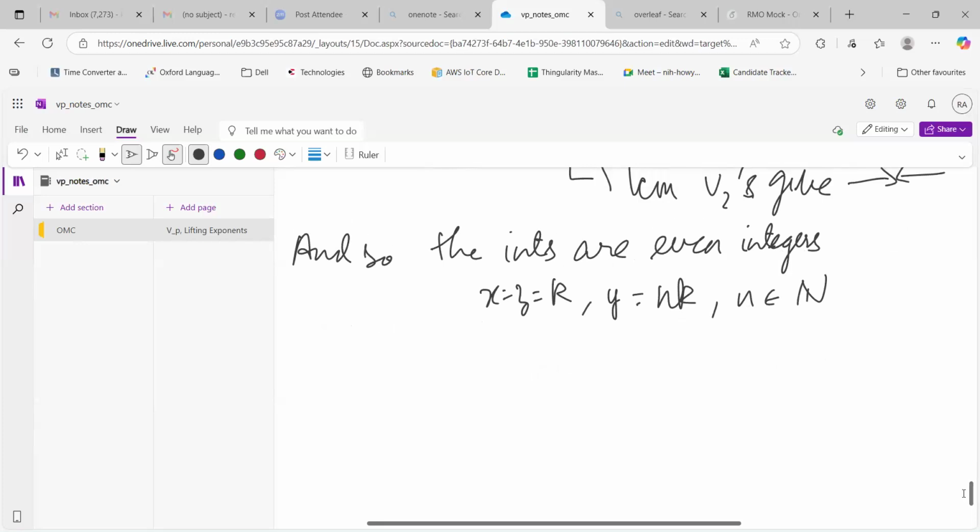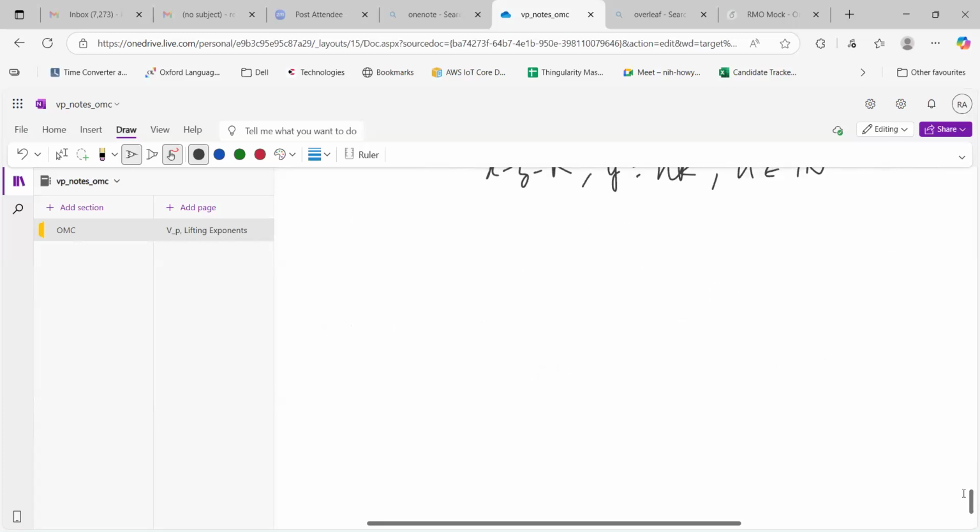Now we'll come to the factorial formula. So essentially, we want to find VP of n factorial. Can anyone tell me how we would approach such a problem?